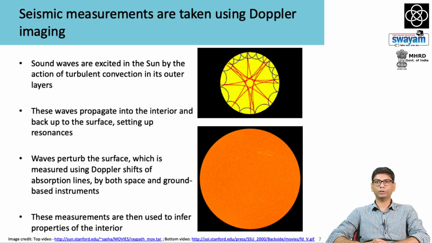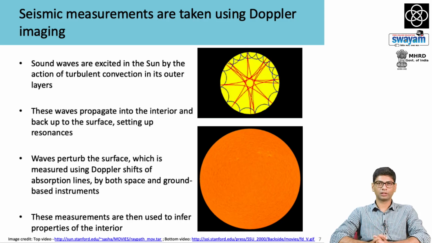And so how do we know these waves exist? Well, these waves, as they propagate into the interior and come back up to the surface, cause the surface to modulate a little bit. They displace the surface. And when this happens, the absorption lines, a sequence of electromagnetic absorption lines that are formed at the surface, we track these, satellites track these.